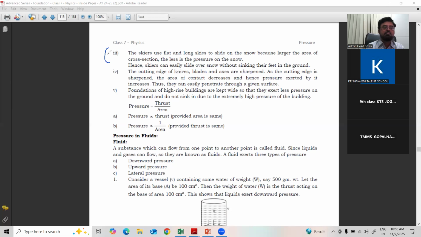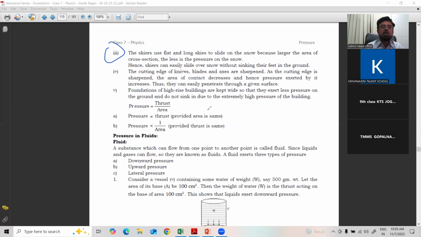Third example, you can see skiers use flat and long skis to slide on the snow. You might have seen so many movies also. They use skis, those who move around on the ice. Skis are made very long and wide, right?